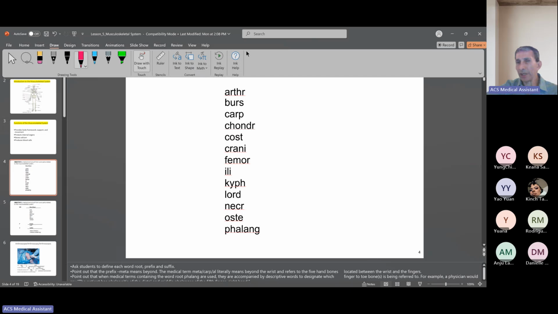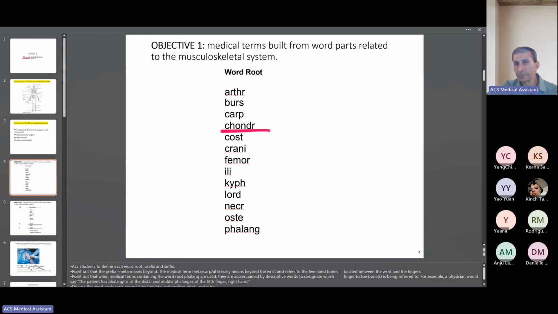Here we have another term we have already discussed, chondr. Chondr is cartilage. Remember the cartilage, going back to this, is the soft structure. Well, not too soft, but it's softer than the bones, and it is on top of the bones at the intersection of the bones. So if you have a bone right here on top, it has cartilage.